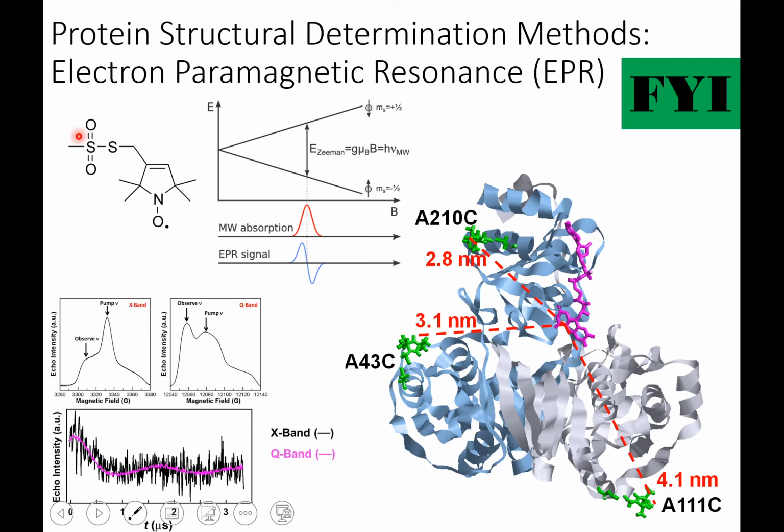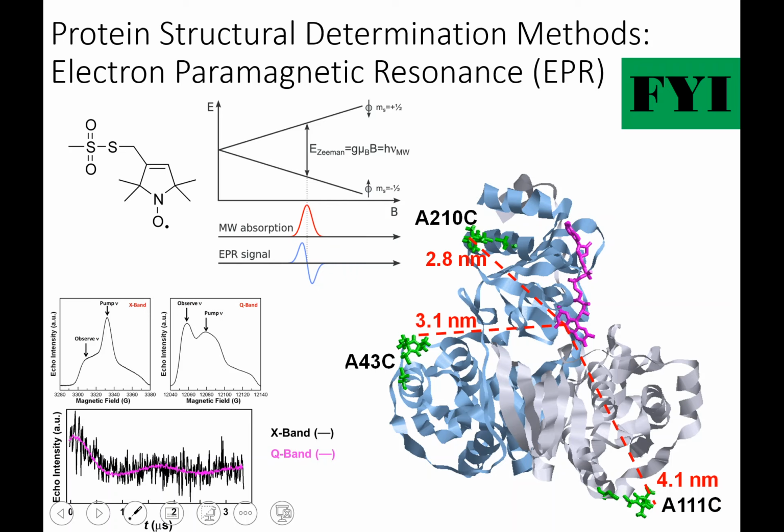To do this, you really need unpaired electrons, so you add what are known as spin labels. Molecules like this have a nitroxide part that has an unpaired electron, and they can be visible in EPR spectroscopy. This part will bind to cysteine residues, so you can introduce non-native cysteine residues in a protein and put a spin label on it.